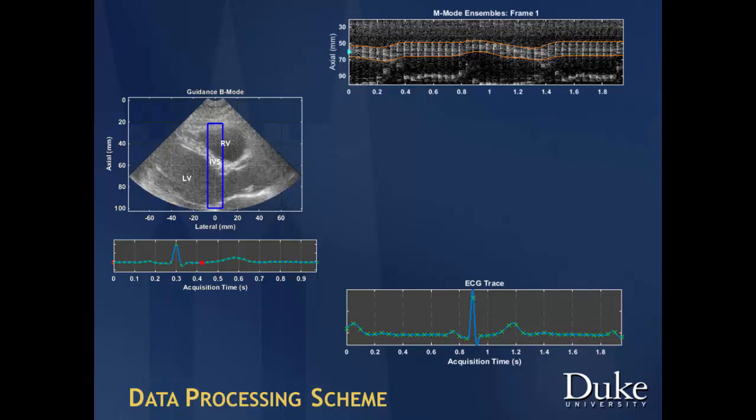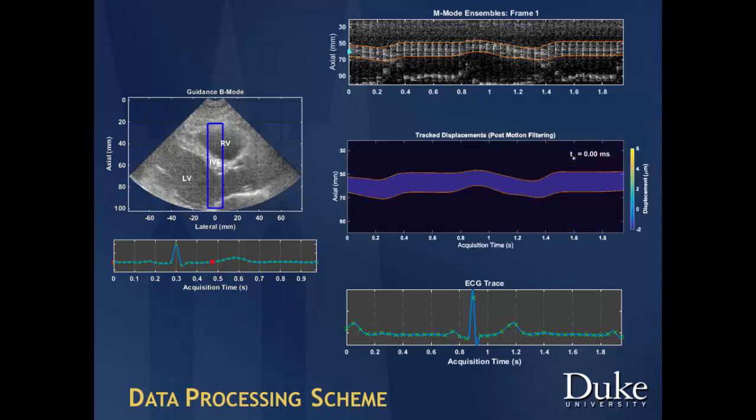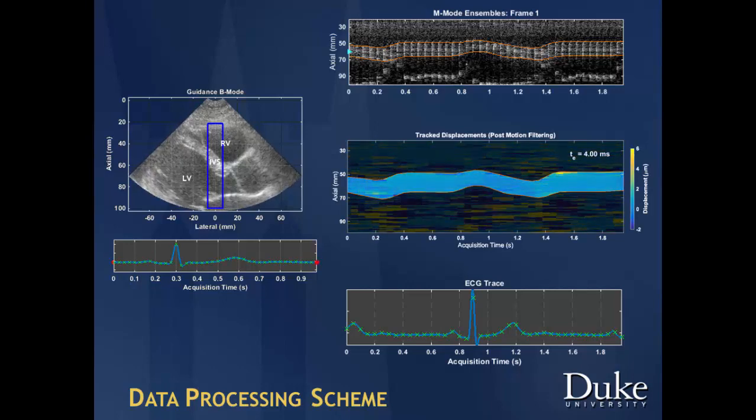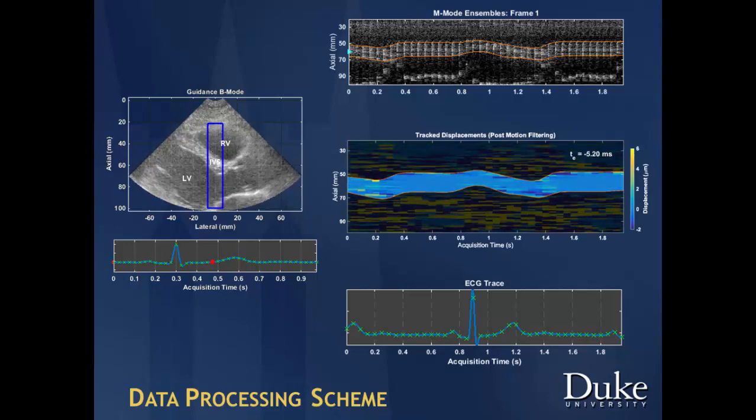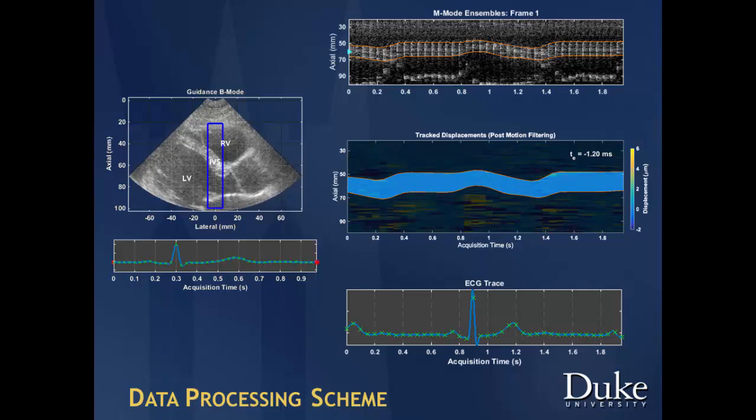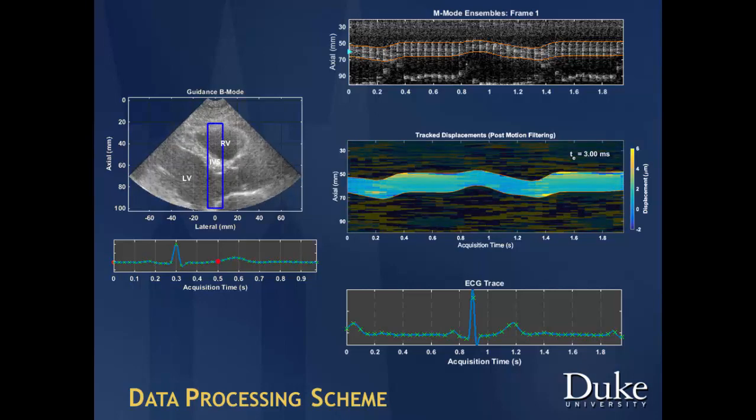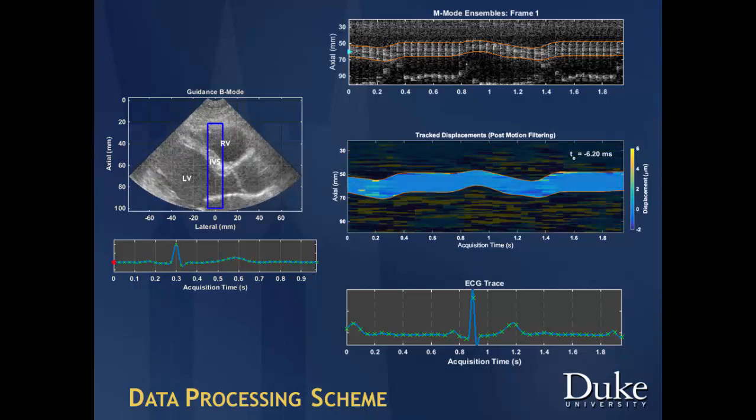So we have a whole bunch of, I think it's probably 40 of these ensembles, which make an M-mode aligned to the ECG, covering, I think, between 1 and 2 cardiac cycles. And if we calculate the displacements for each of those ensembles, then what we can play is an ARFI movie, which if you've seen other talks on ARFI imaging, looks pretty similar.